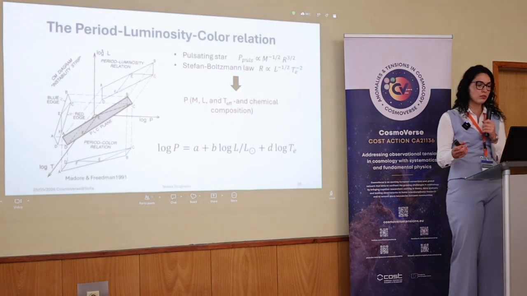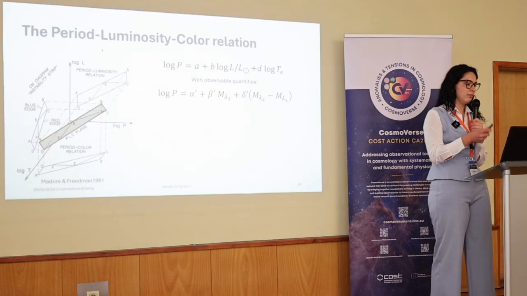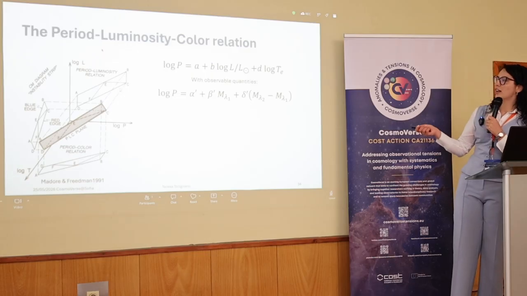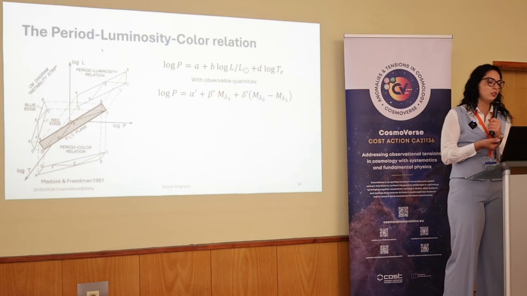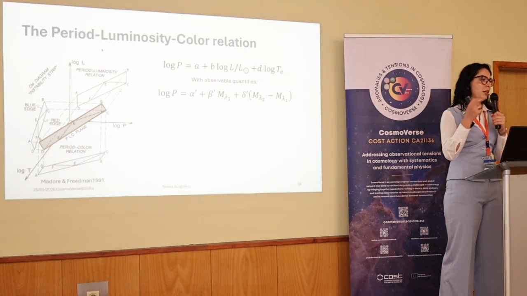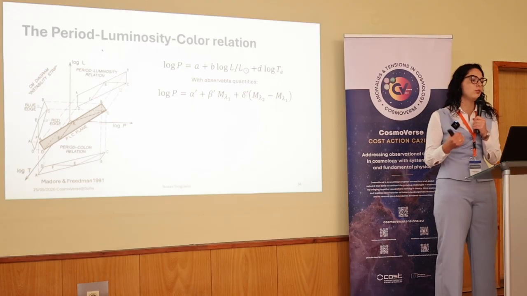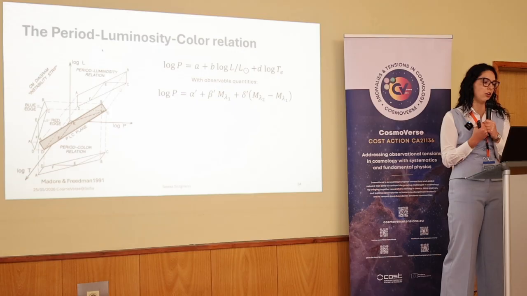Indeed, what we can say now is that if we are talking about observable quantities, we don't observe the pure luminosity, but what we observe is the magnitude, and what we observe as temperature is a color.